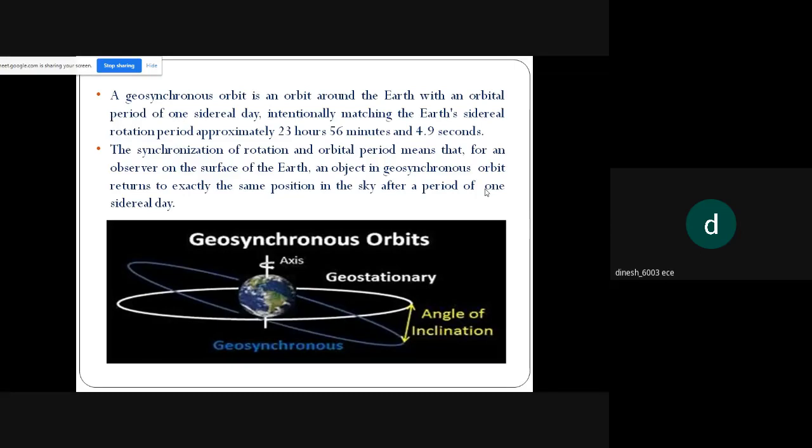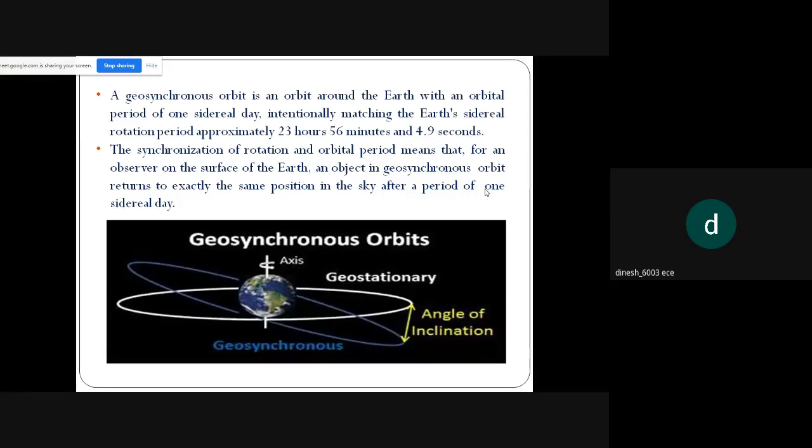You can see Earth at the center in this diagram. We have geostationary, and at an angle of inclination, we have geosynchronous orbits.